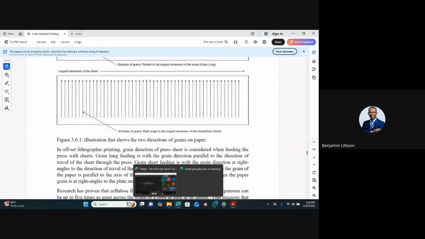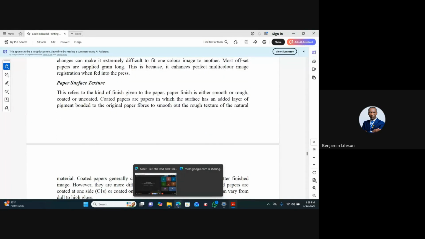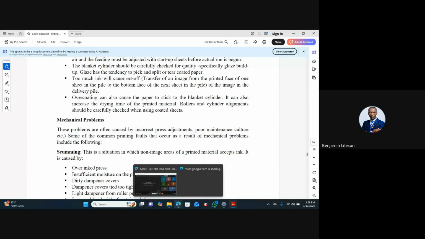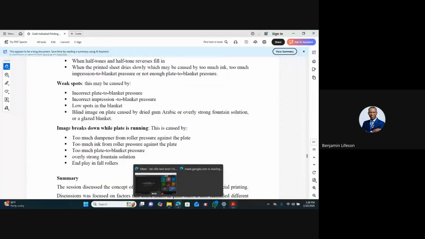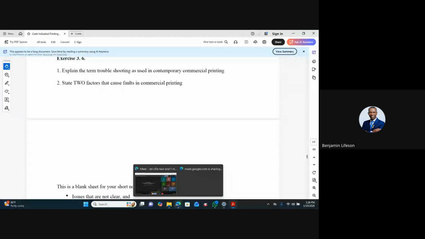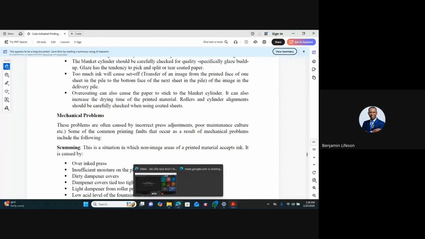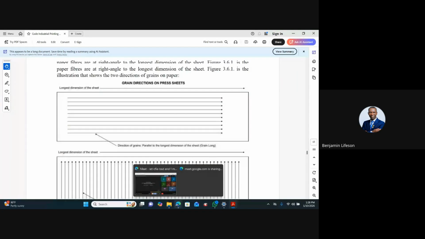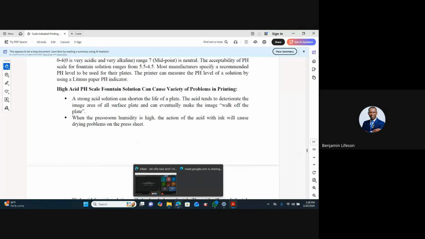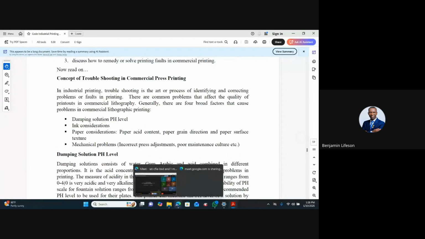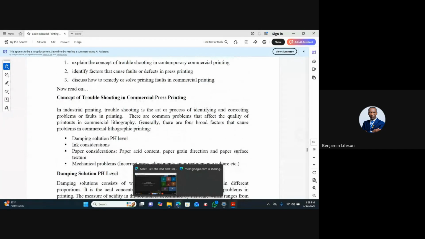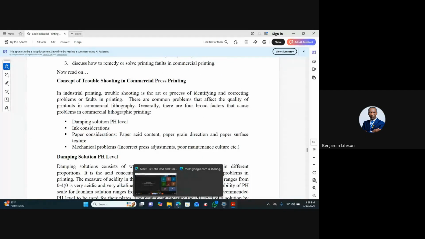This one is mechanical problems. They are a bit many, but we can exhaust them quickly. Troubleshooting: concept of troubleshooting in commercial press printing.